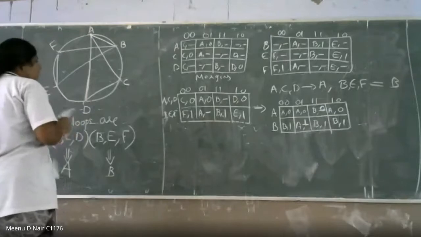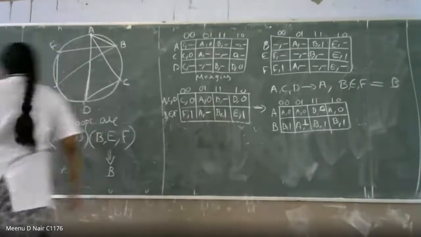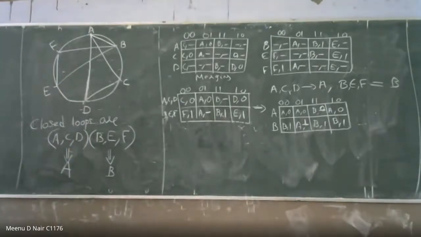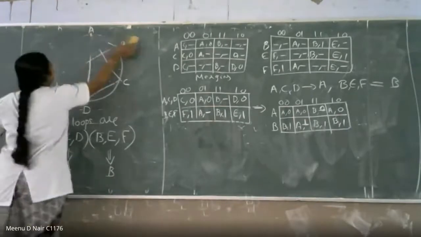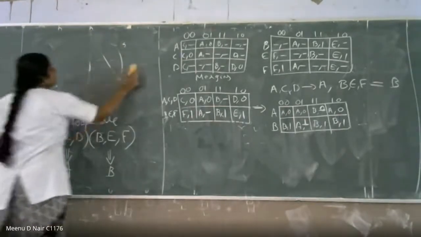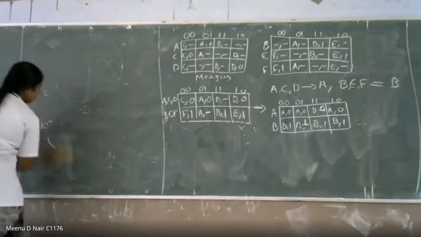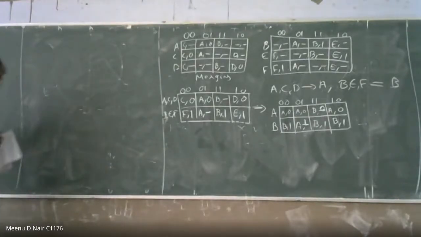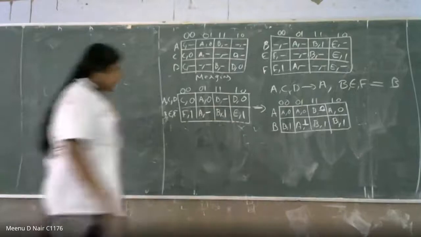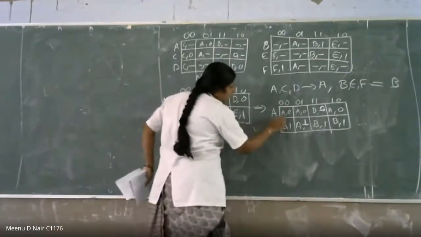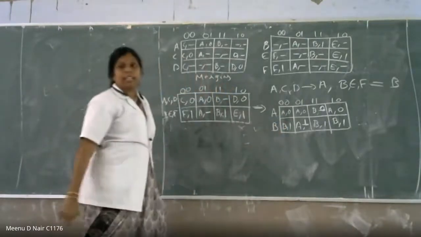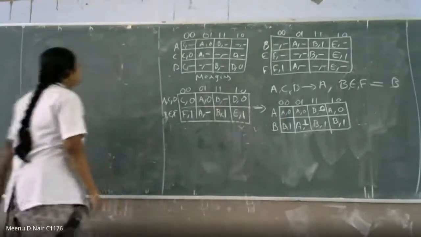So next what we are going to do is find out the output circuit, output value. Here you can see this A and B represent the excitation variable.